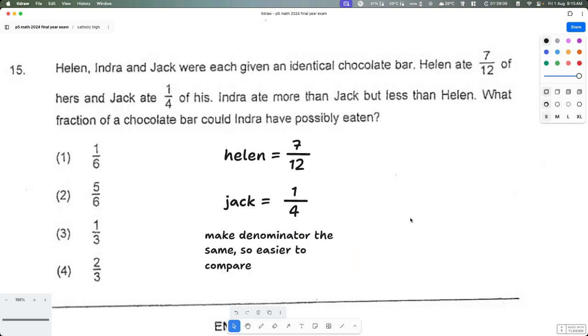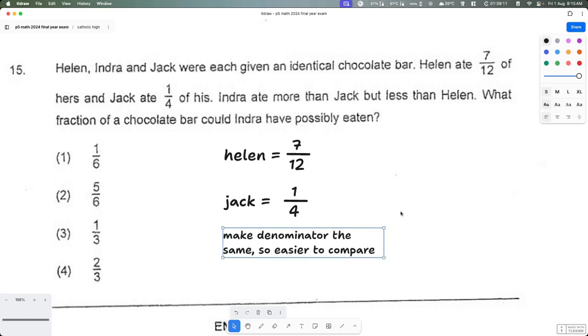So I'm going to make it like this. What we're going to do is have an equal sign, right? So 1/4, we then multiply by 3 in this case. 4 times 3 is 12. So from here, this will then become 3 out of 12. That's what I see over here.